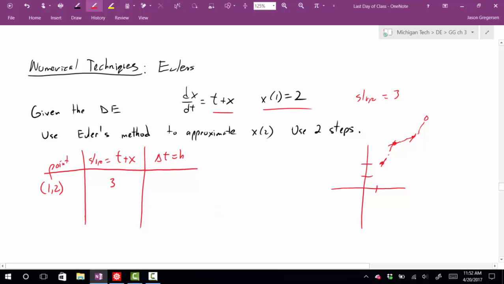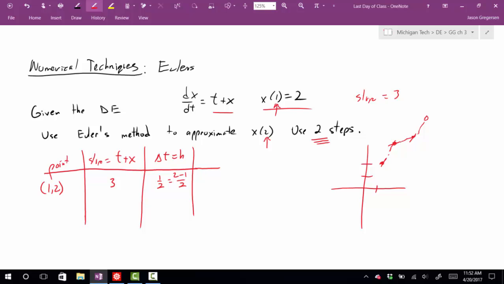Sometimes we call this h, the step size. This is something I choose or is told to me in the problem. If I'm going from t equals 1 to t equals 2, and I'm using 2 steps to do it, what is my step size? 1/2, right? It is 2 minus 1 divided by 2. It is your final t value minus your first t value divided by the number of steps.